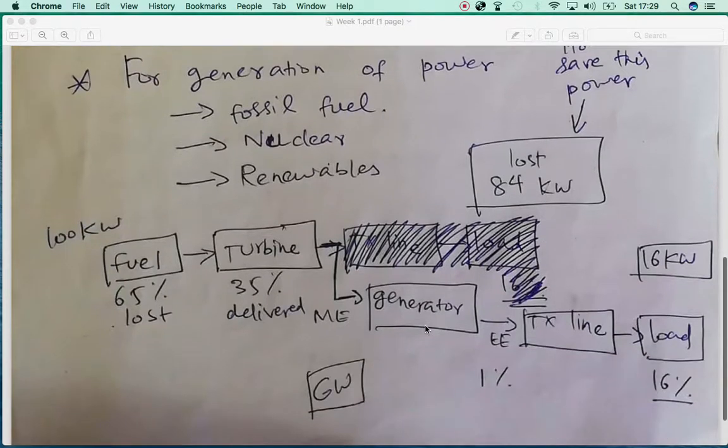Power, when generated, is generated in the form of gigawatts, and from the turbine till the transmission line we have the generator, the step up transformer, and the transmission lines, and in this part we have about 5 to 10% of power being lost, where we have electronic devices doing the switching operation and not behaving in an optimal manner.